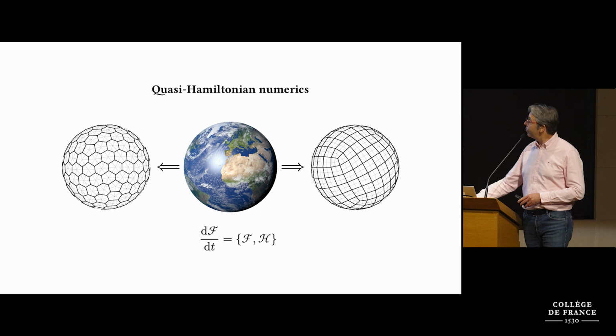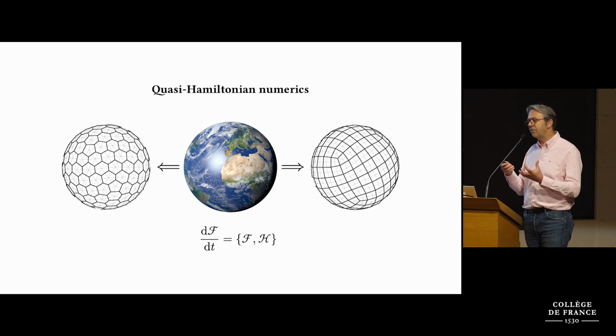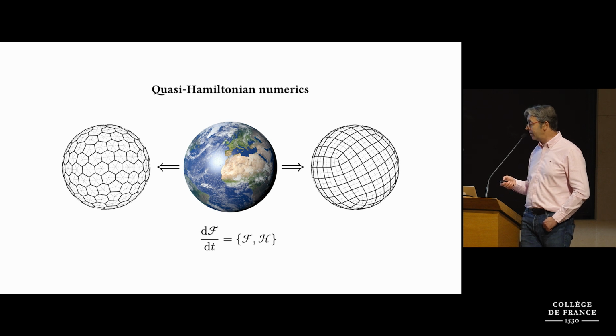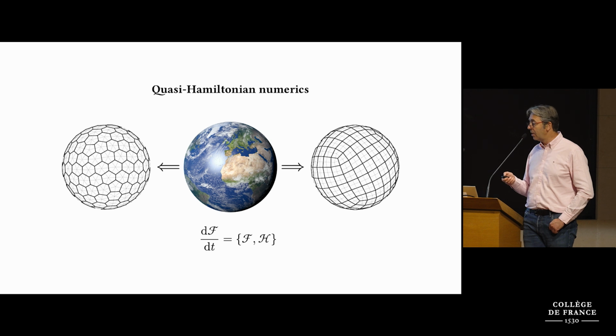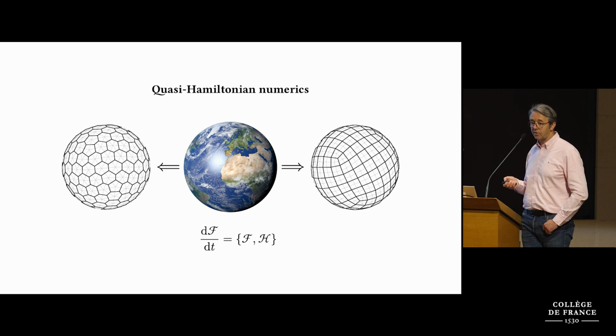So that was my super quick introduction. The idea is that scientists have developed similar formulations for the three-dimensional fluid systems that are at the heart of the atmospheric and oceanic models. And now a first application of this nice, beautiful and elegant formulation is to design numerical schemes which inherit some of the properties of the continuous system.